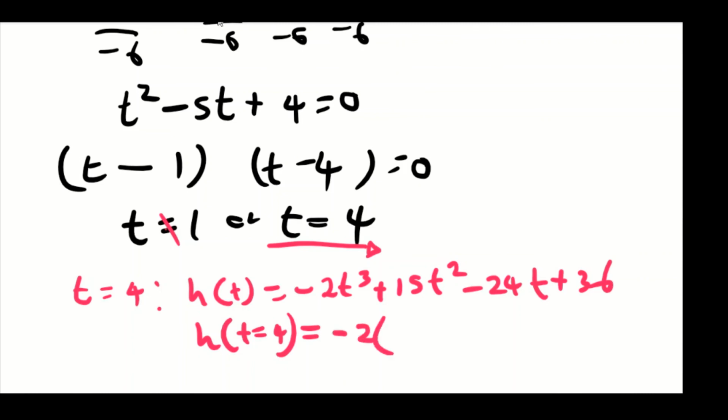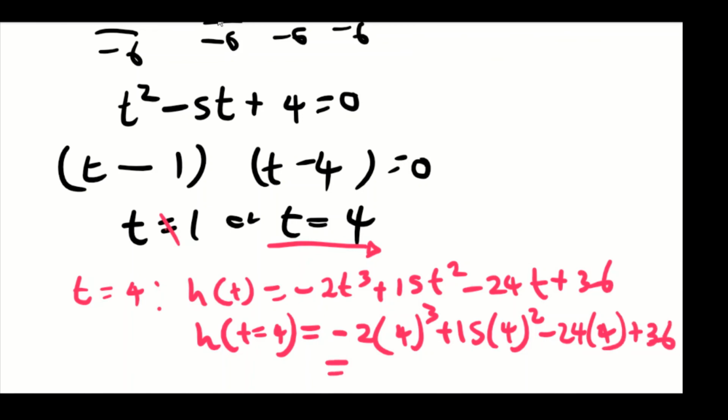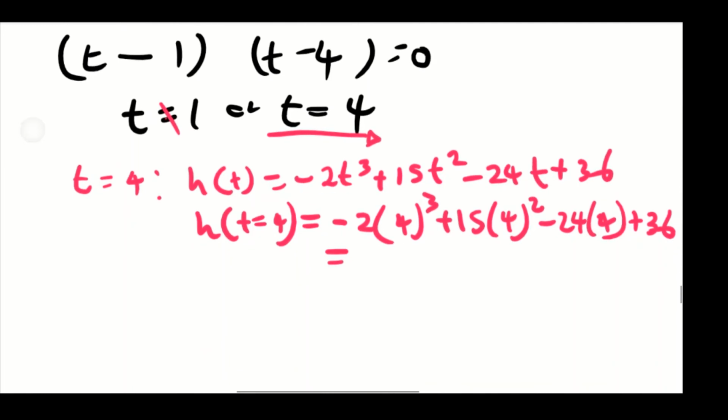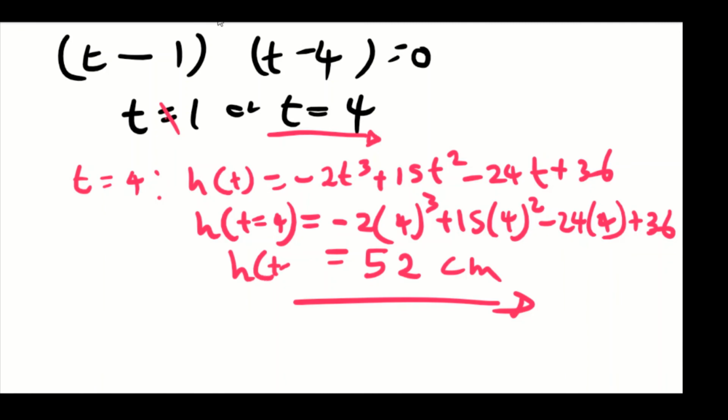So it's minus 2 times 4 to the power of 3, plus 15 times 4 to the power of 2, minus 24 times 4, plus 36. Punch this into your calculator and you should get 52 centimeters. Remember, the height is measured in centimeters, so the height at t equals 4 is 52 centimeters.